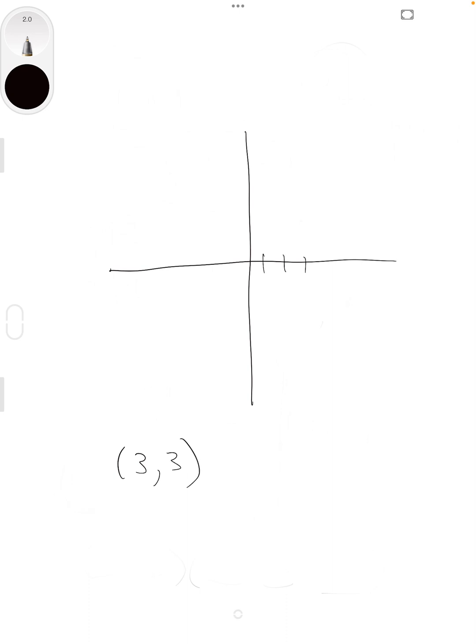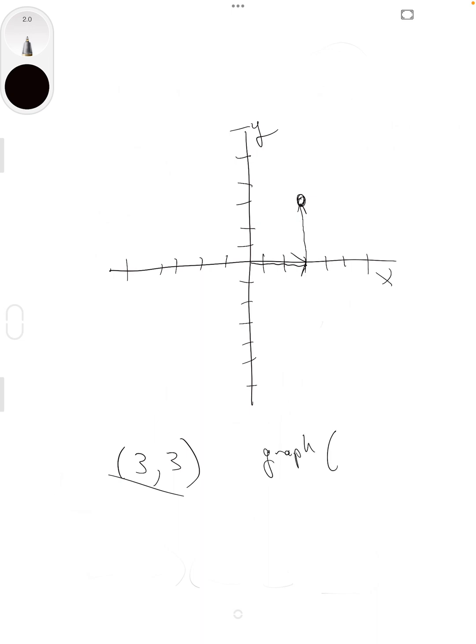Okay, x is on the flat, y is going straight up and down. 3, 3 is 1, 2, 3 over, 1, 2, 3 up. That's that. So this is when we say graph this point.